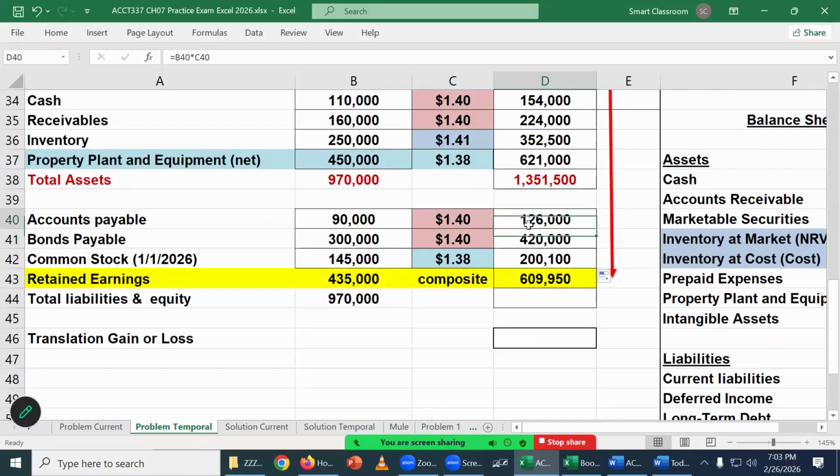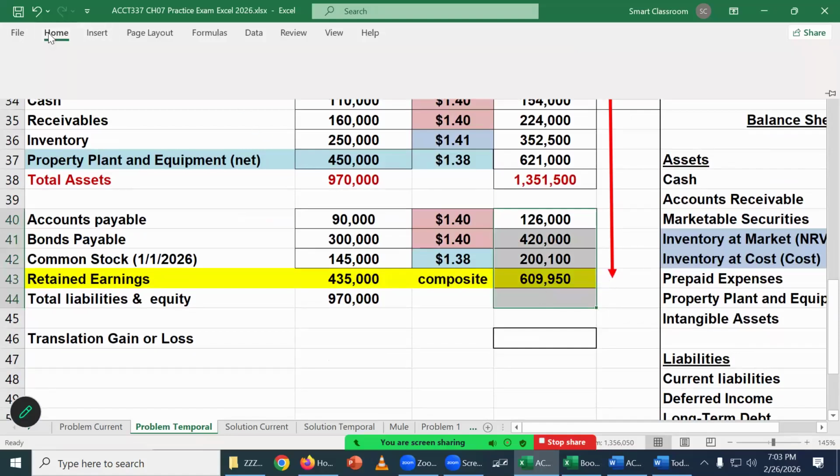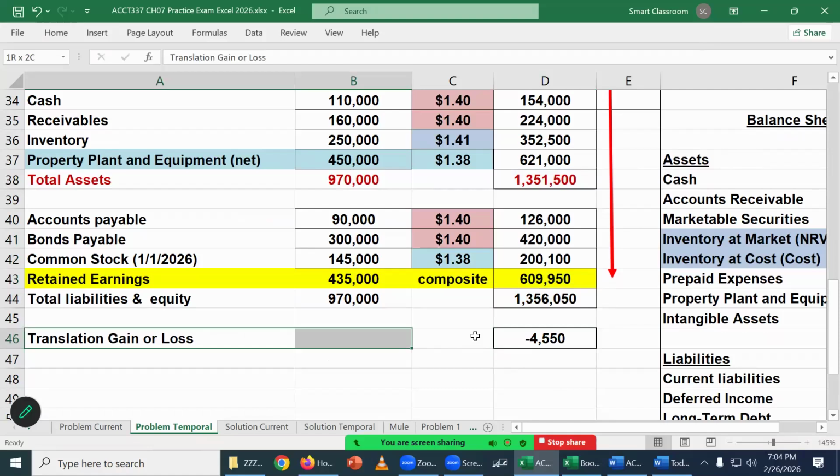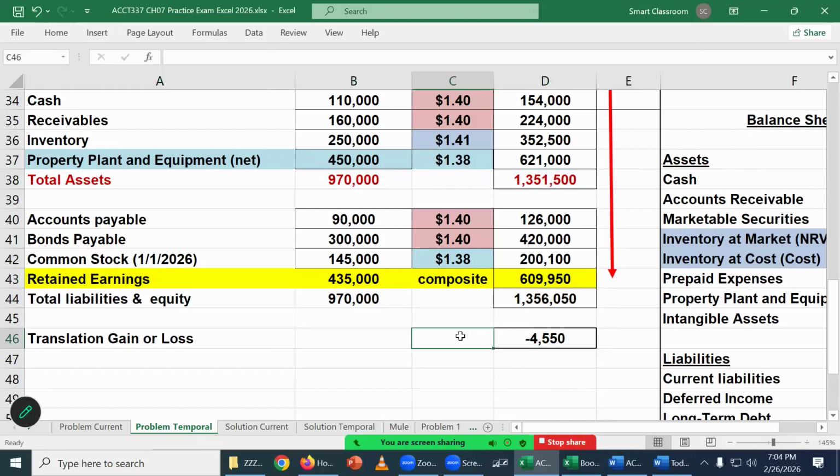All right, so let's see here. This would be difference is 4,550. Gain or loss? Loss.